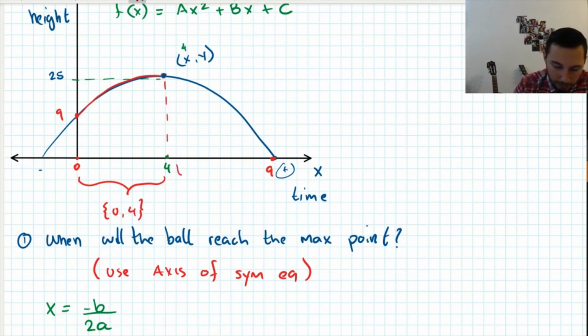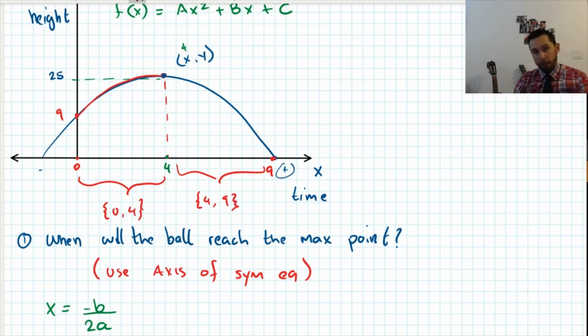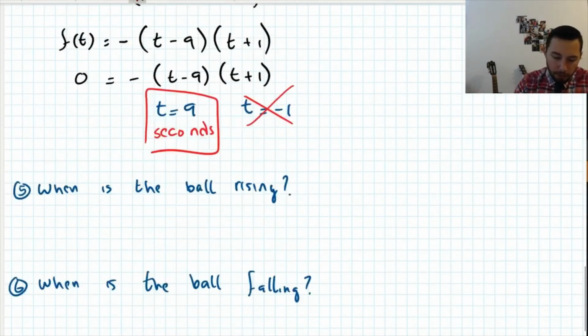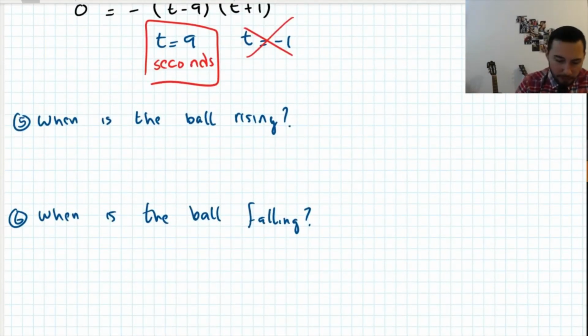And then between 4 and 9, it fell to the floor. So it fell back down. Between 4 and 9, it went back down to the floor, and 4 being my turning point, right? So when was the ball rising? The ball was rising between 0 and 4.